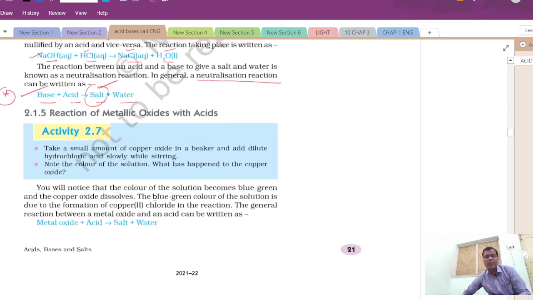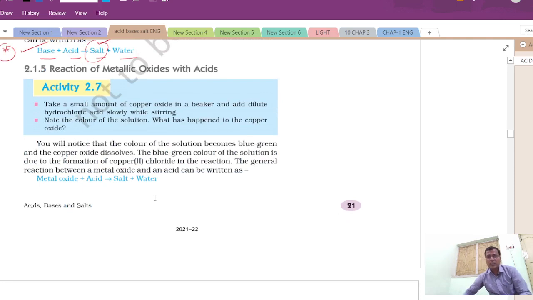Reaction of metal oxides with acid. How does a metallic oxide react with an acid? You can see here, this is a metallic oxide. Any metallic oxide reacts with acid, then salt and water are formed. Wow, this is very surprising.